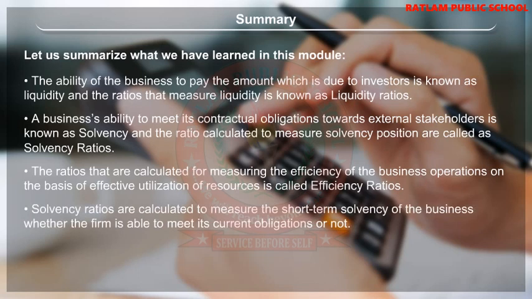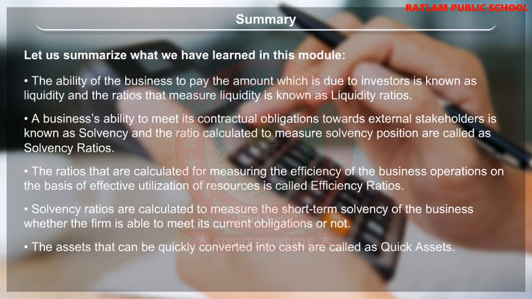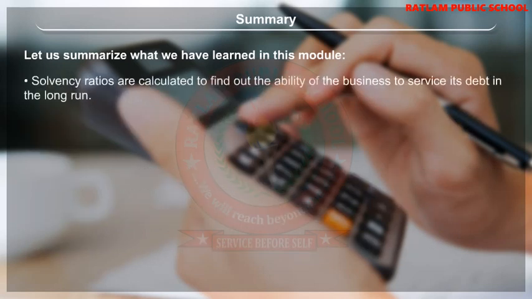Solvency ratios are calculated to measure the short-term solvency of the business, whether the firm is able to meet its current obligations or not. The assets that can be quickly converted into cash are called quick assets. Solvency ratios are calculated to find out the ability of the business to service its debt in the long run.